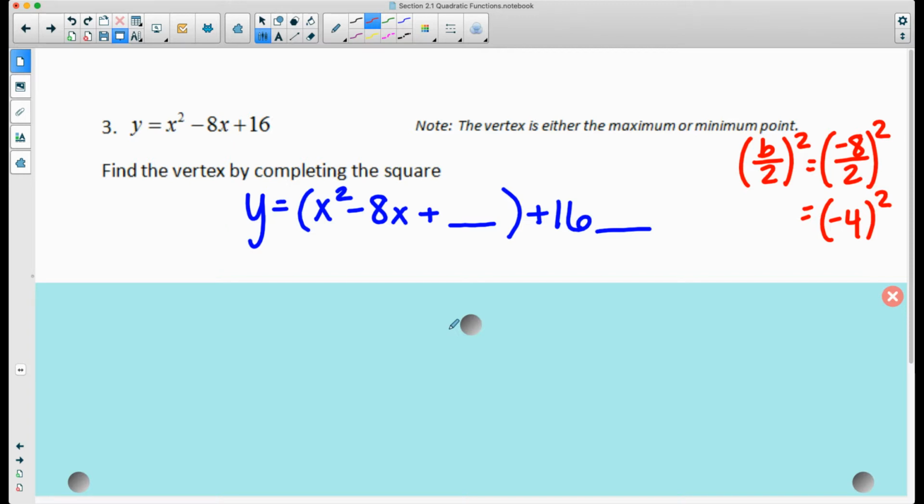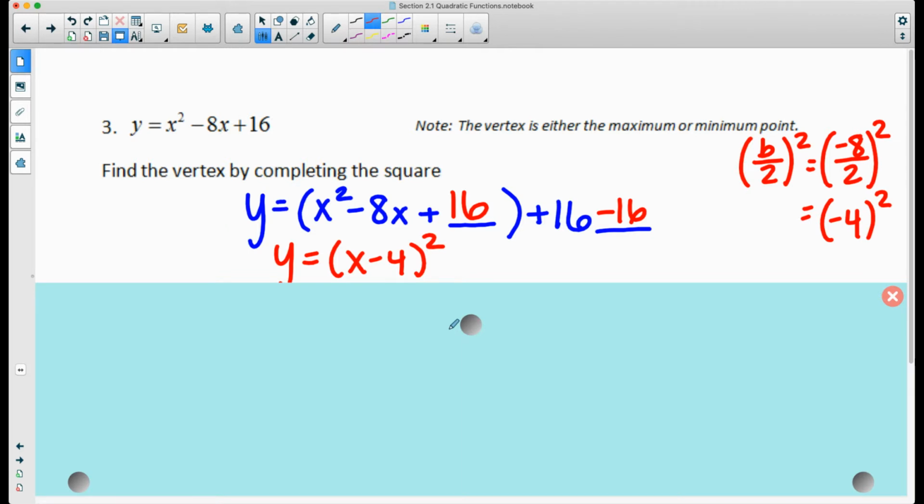So if we get 16 here, then we also have to do a -16 there. So yes, we end up with the same exact thing, because what are 2 numbers that multiply to get 16 but add to get -8? -4 and -4, which is already completing the square. Anyways, so we get x minus 4 squared, and then plus 0, but we don't put that.